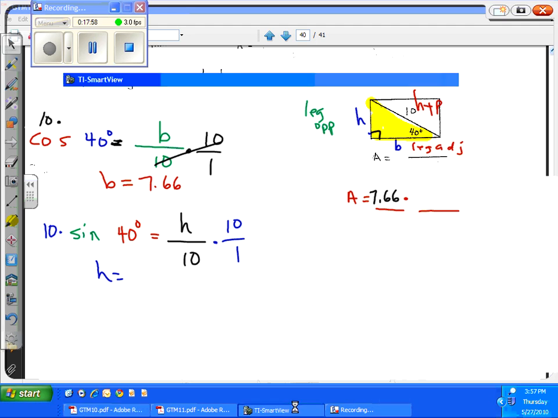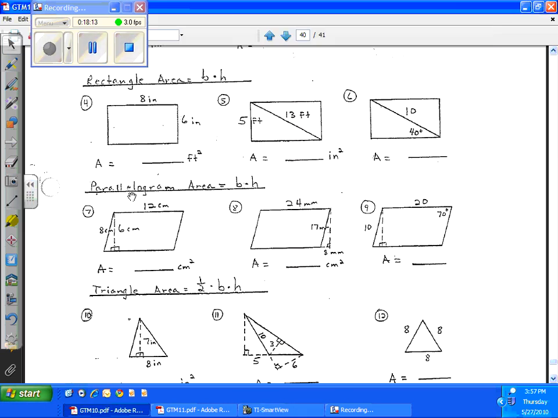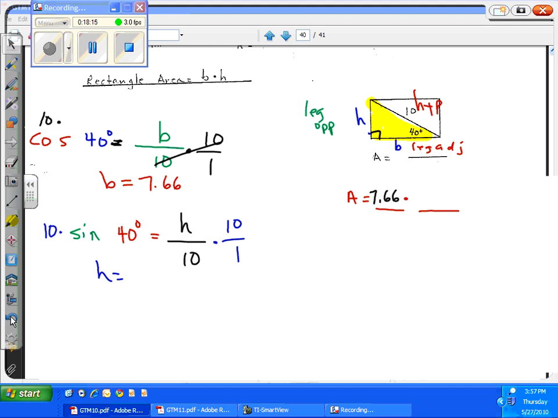So we go to the graphing calculator. 10 sine 40. 6.43. So we use trigonometric ratios to find the base and height.